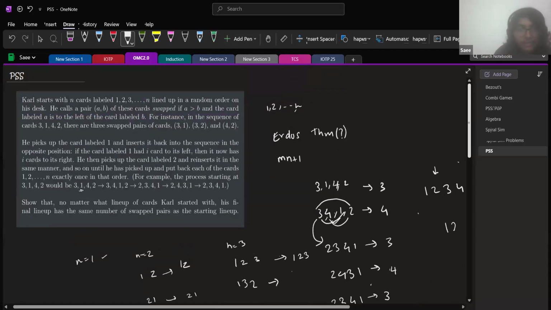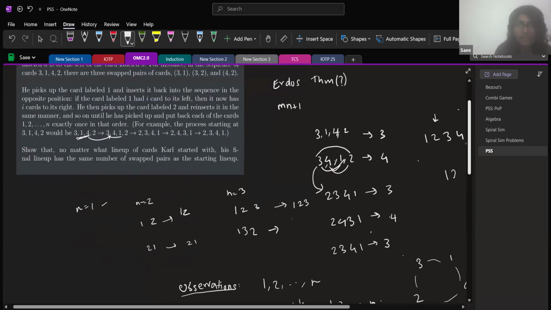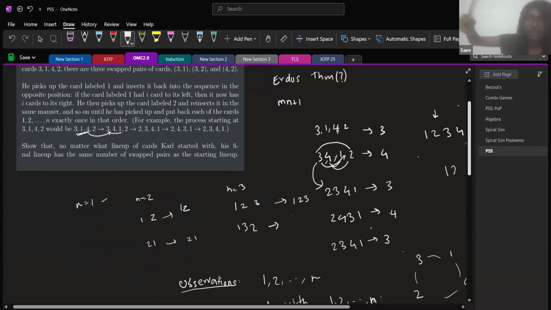Okay. What is like one stupid invariant? Just while we go from here to here, we take the one and then we change its position to somewhere. But we're not just randomly putting the one anywhere. We are putting it in another place in some specific manner, right?